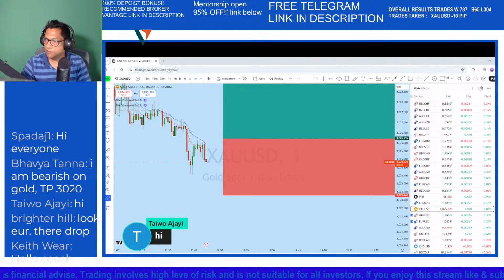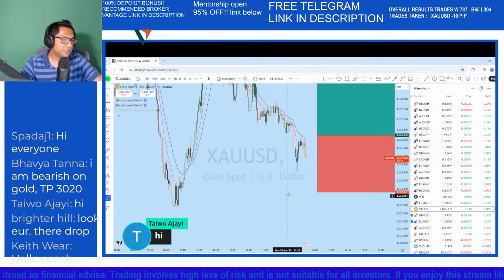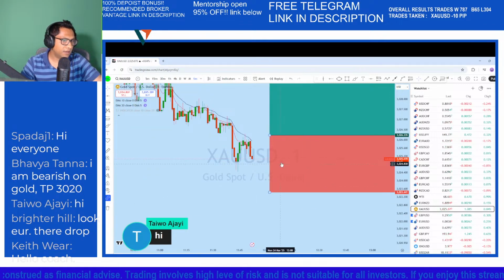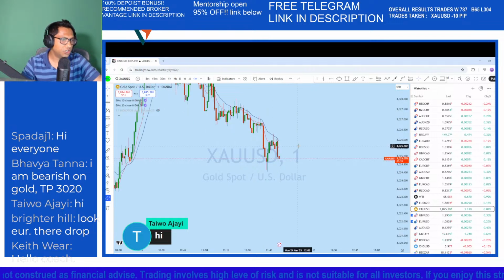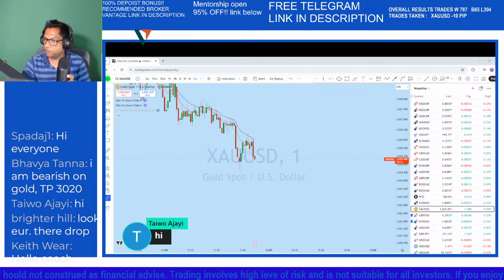So here we can see the market is in that area, and here we could see some further drop. I think we might see that further drop potentially. The market is still not fully prepared for that bearish move.